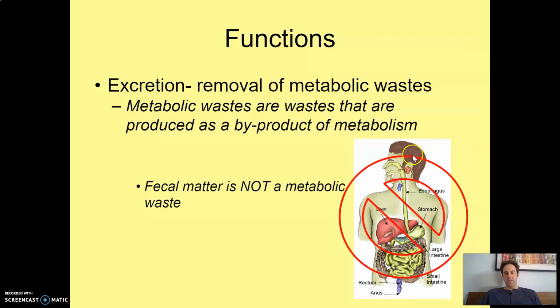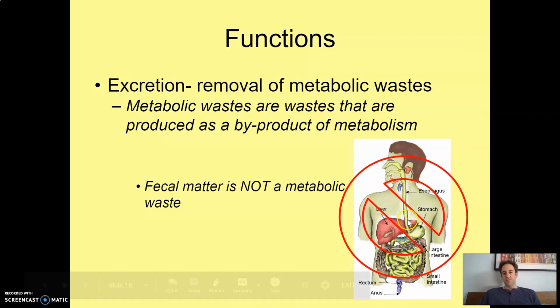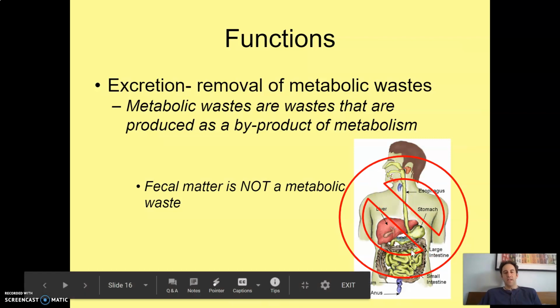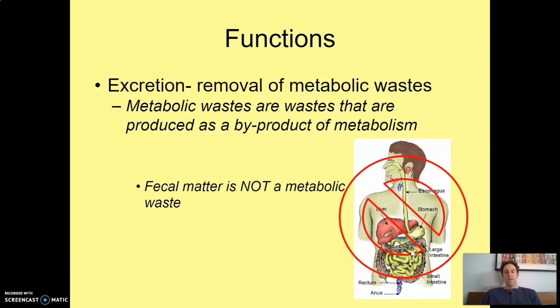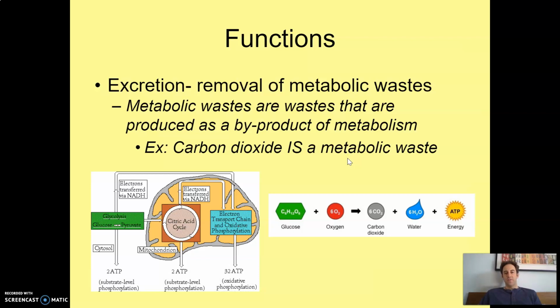As we saw in our last chapter, food goes into the mouth and it just passes through this long tube that includes the stomach, the small intestine, the large intestine, the rectum, and all the good stuff is sort of pulled into the bloodstream, and the bad stuff just continues through this tube. So fecal matter really was never part of our body at all. It's just the part of our food that we were unable to use and that just passed right on through and comes out.